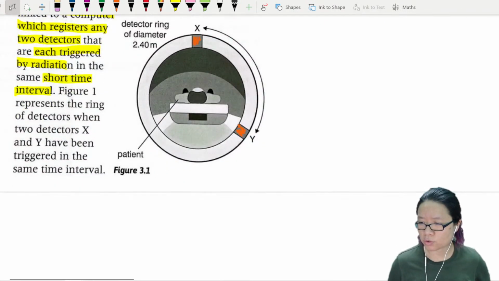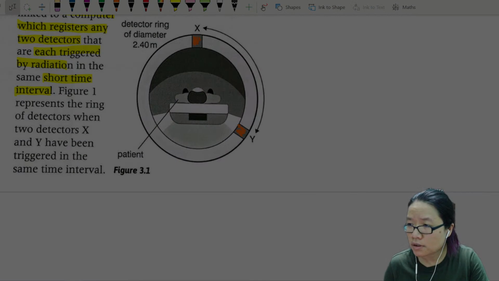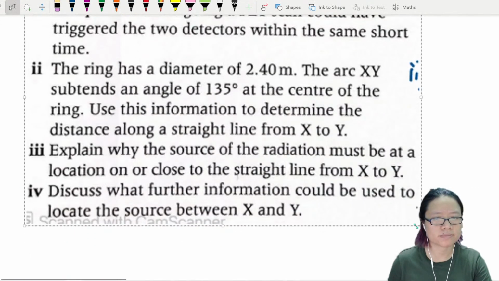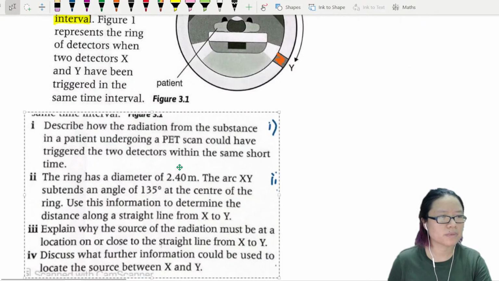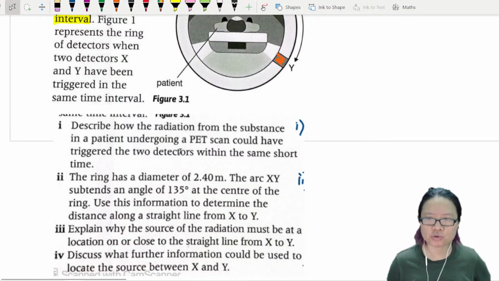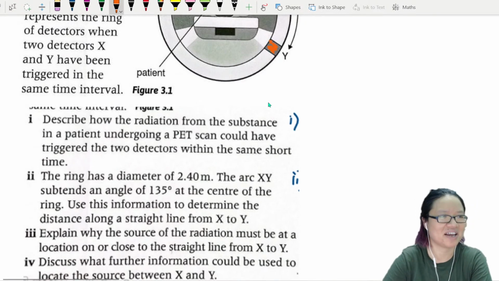So let me continue the question. I did not crop the second part of the question. So this is the next part. Describe how the radiation from the substance in a patient undergoing PET scan could have triggered 2 detectors within the same short time. How can we trigger 2 detectors at the same short time?